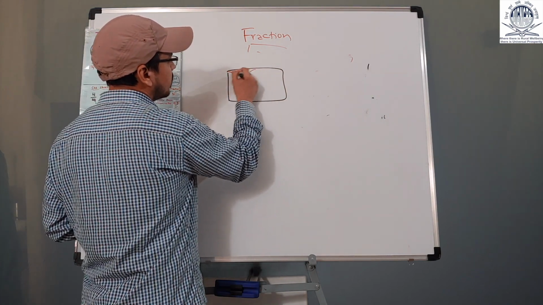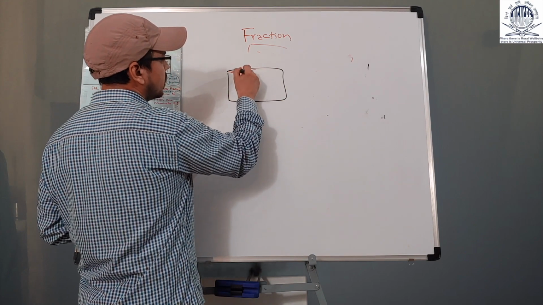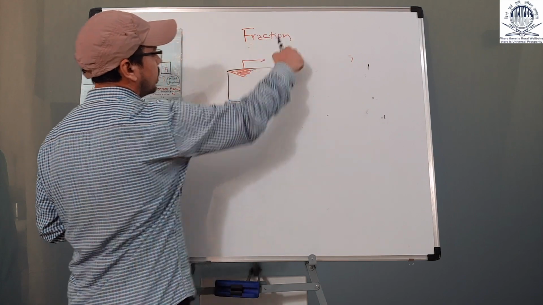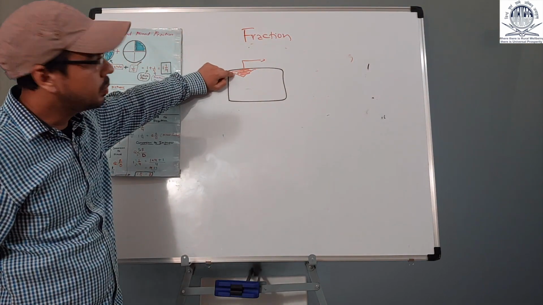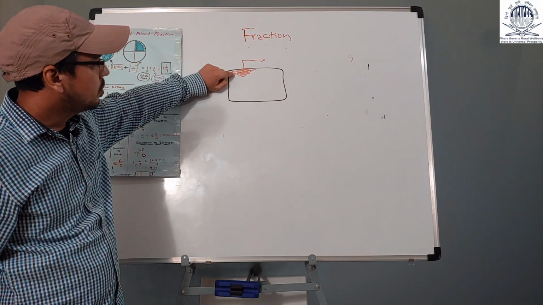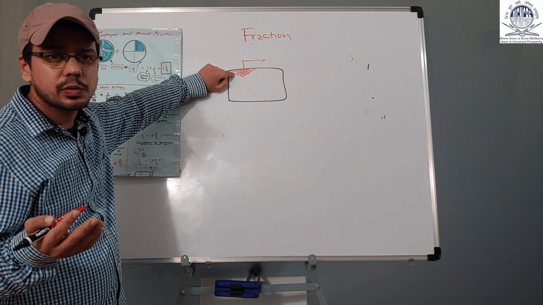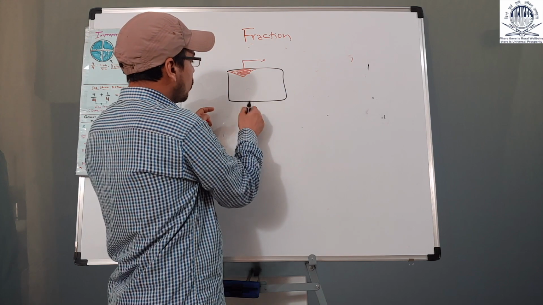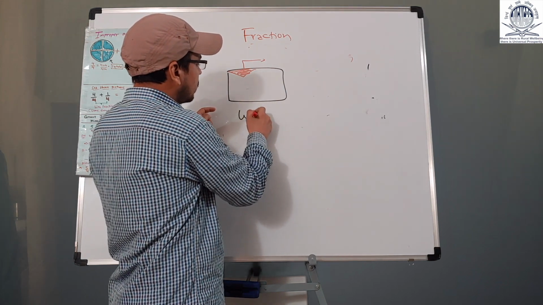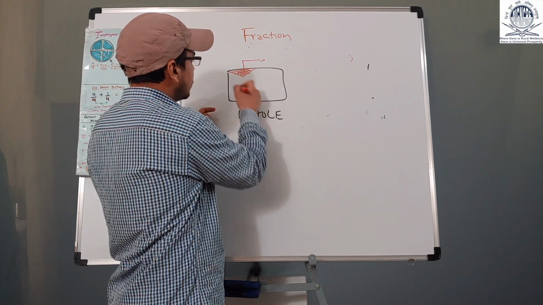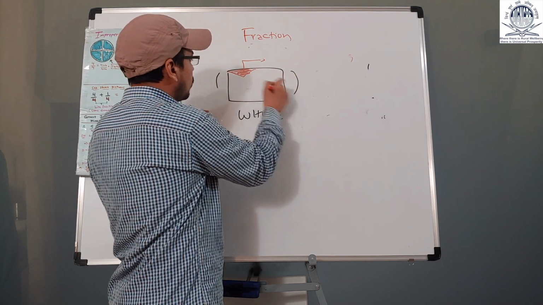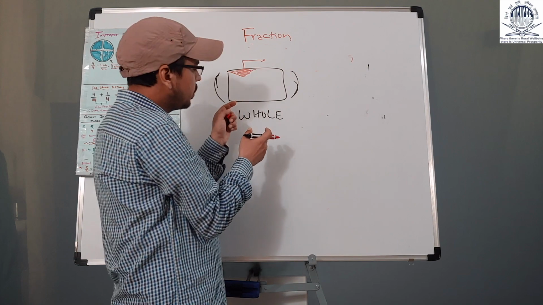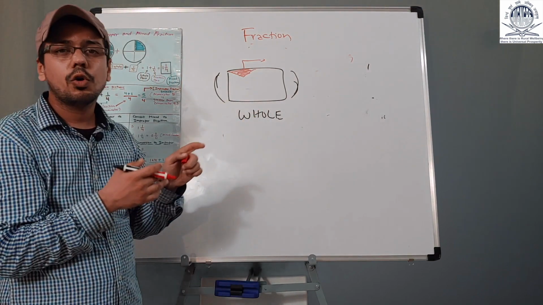So will this small portion be part of a fraction? Yes, as per the English language which we discussed, it's part of something. So if this is the whole, obviously the red portion is part of this whole, but will it be a fraction or not?